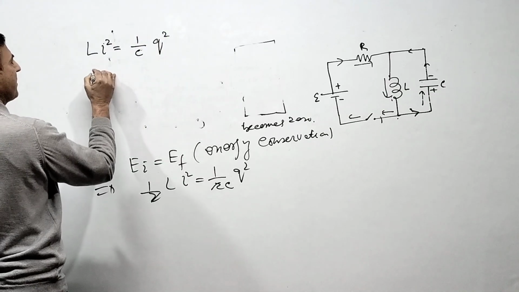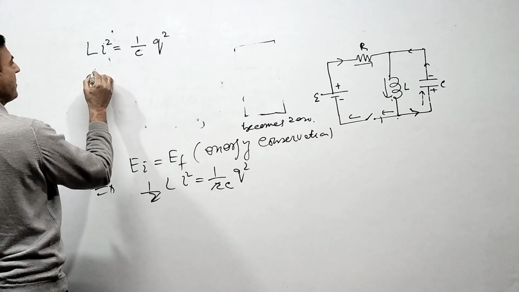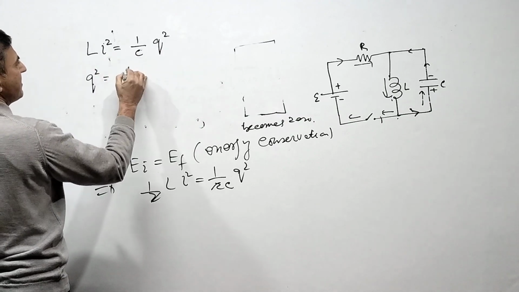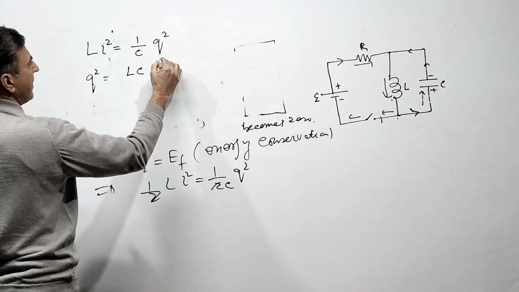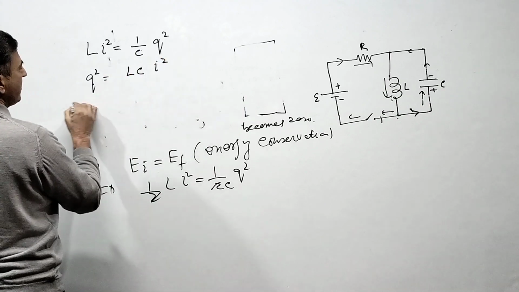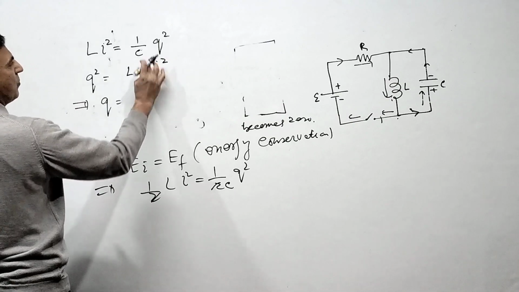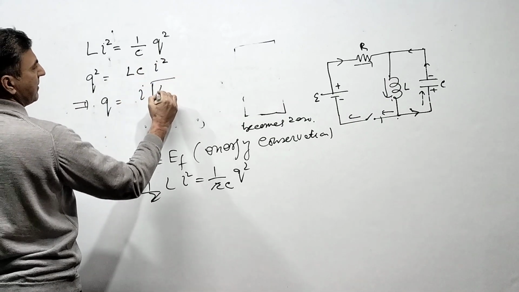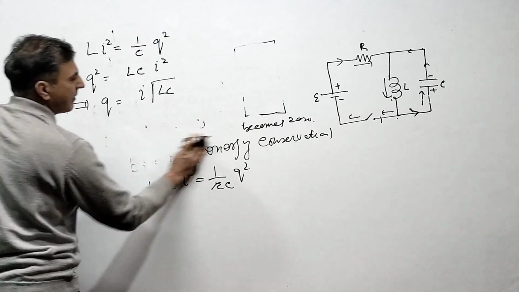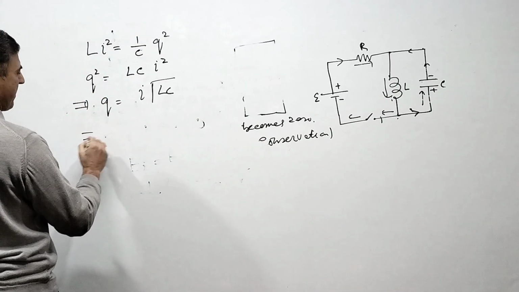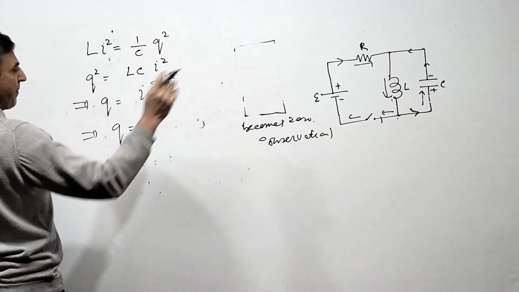The square of the maximum charge stored in the capacitor is L C i square, right? So Q is i root of L C. Now, what is the maximum charge on the capacitor?